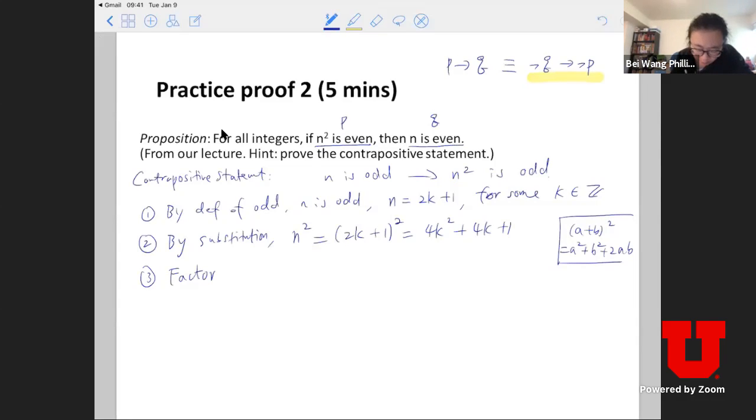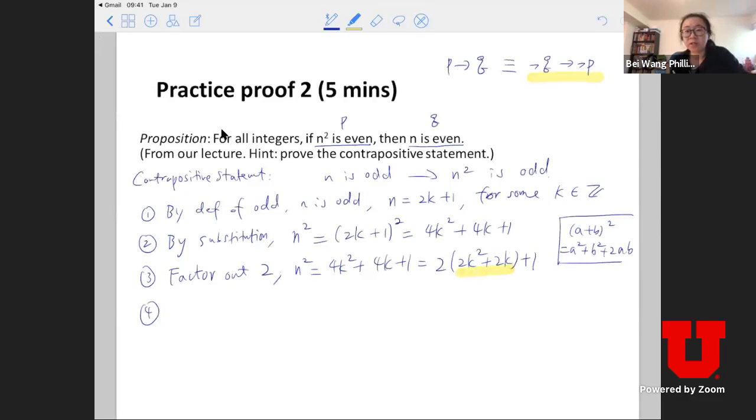So specifically, I'm going to do factoring. So I would factor out 2 in the expression, then n squared is equal to 4k squared plus 4k plus 1 is equal to factor out 2: 2 times (2k squared plus 2k) plus 1. Okay. The next step, I have this term here. This is additional detail. I need to prove 2k squared plus 2k is actually integer. Then n squared is 2 times some integer plus 1.